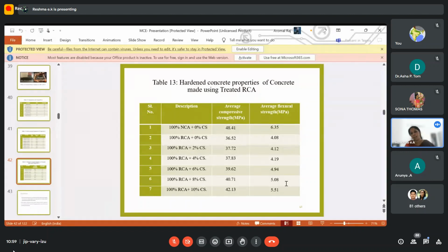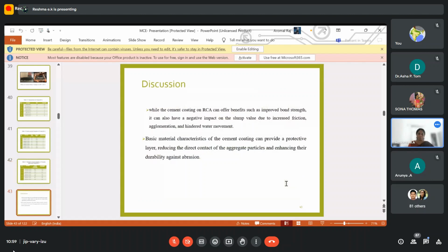If I use 12%, I know it is going to increase more, so that is the reason I stopped here. But if you add more, it may cause workability issues and durability issues.